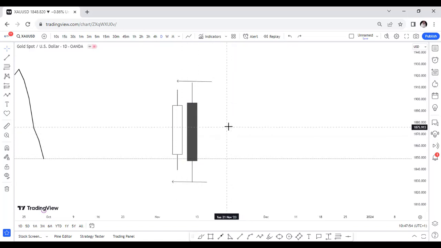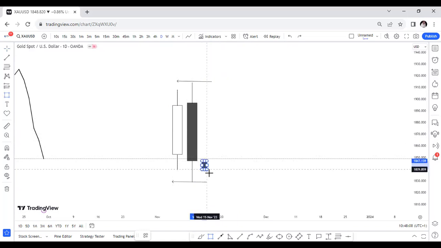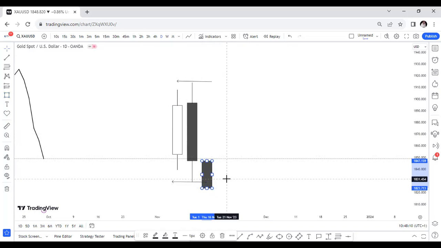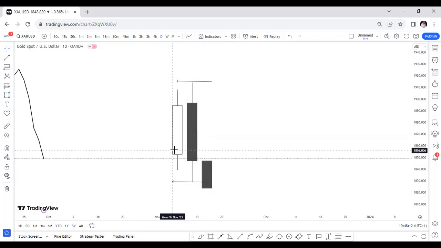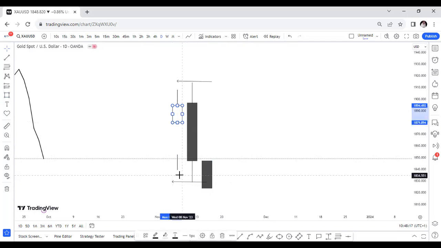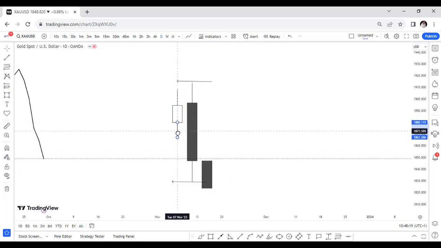It could be in another form. It could be 3 or 4 candlesticks combining together to cover up a big one like this. You may have this there, and this may be shorter, like this.